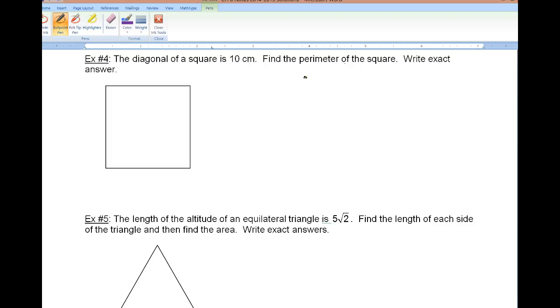I got all of them and it was easy, which I'm really proud about. Okay. All right, you guys go ahead and figure out the other correspondence. 10 over root 2.